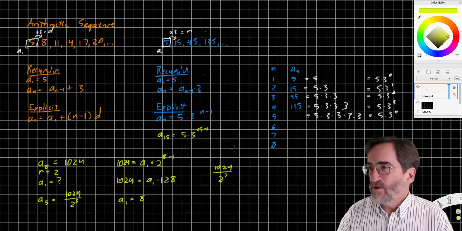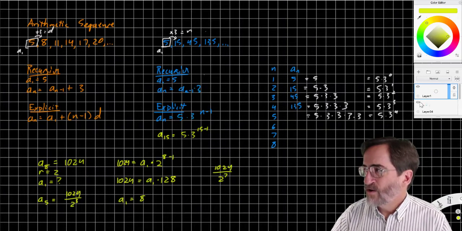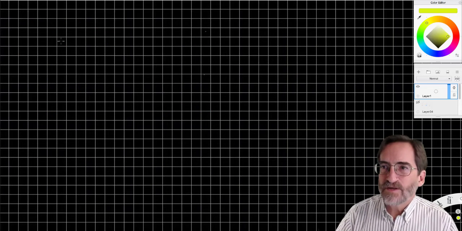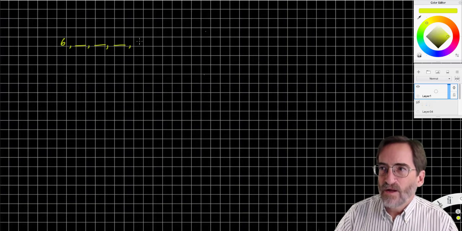Then there's something called the geometric mean. Let me do that here. Okay, let's say I've got some numbers, 6, blank, blank, blank, and 100.